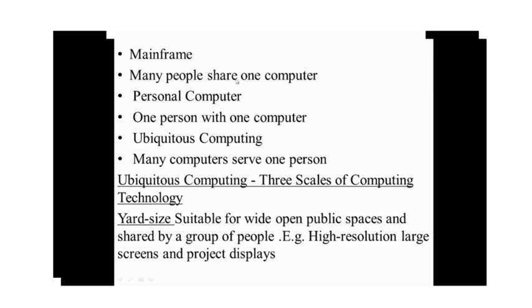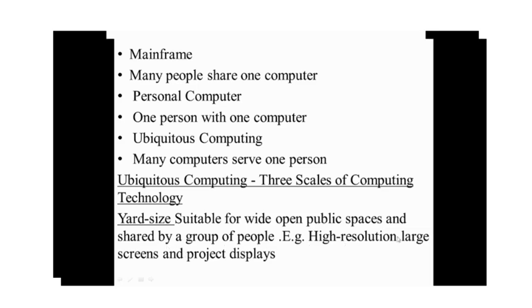Mainframe: many people share one computer. Personal computing: one person with one computer. Ubiquitous computing: there are three scales of computing technology. First is yard size, suitable for wide open public spaces shared by a group of people.